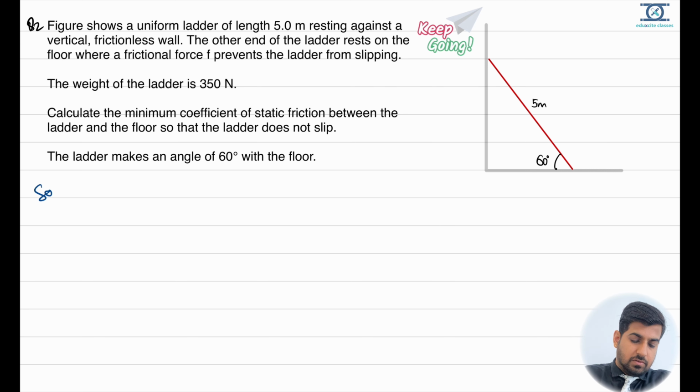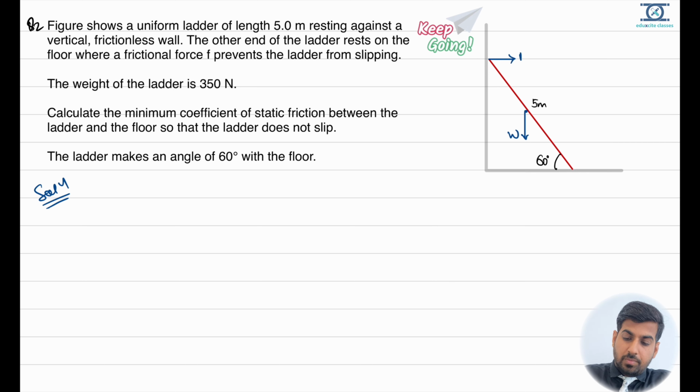Okay, so if I want to find out the minimum coefficient of static friction, let us first draw the forces in the given situation, right? So a uniform ladder is there, so a weight will be acting vertically downward in this direction, and it is in contact with the walls at 2 points, so there will be normal reactions.